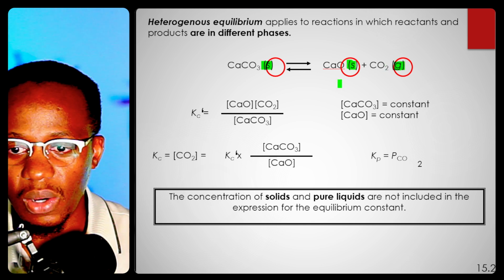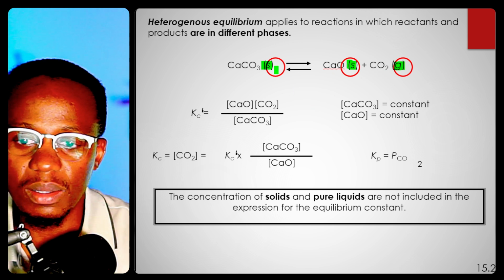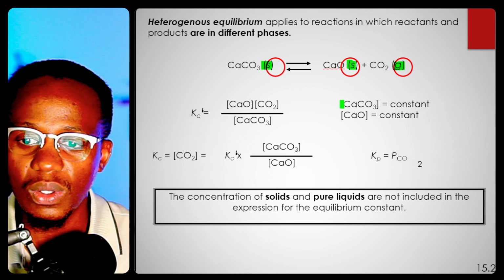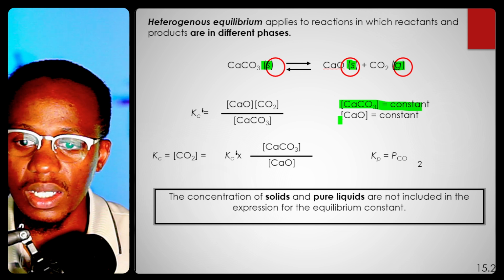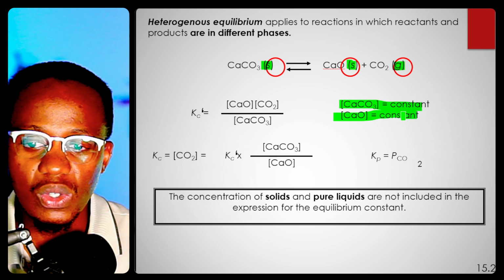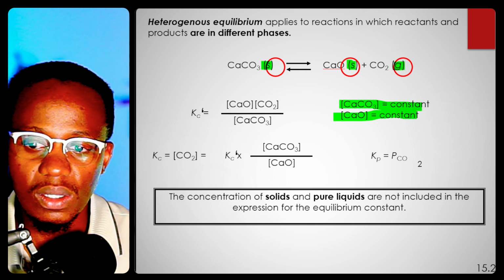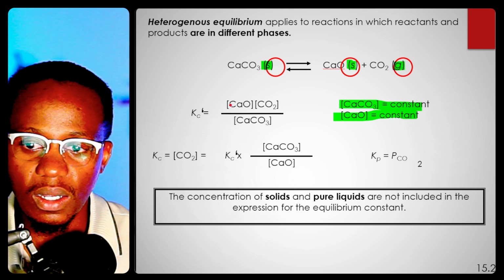I want you to realize something: the solids really don't change as much. The solids are constant, so CaCO3 is constant, CaO is constant. So we do not use solids in our formula.